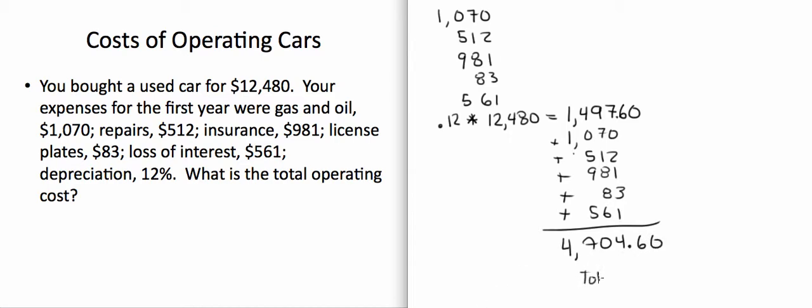So this is the total operating cost, right there, $4,704.60. Okay, so that's the end of chapter 6.